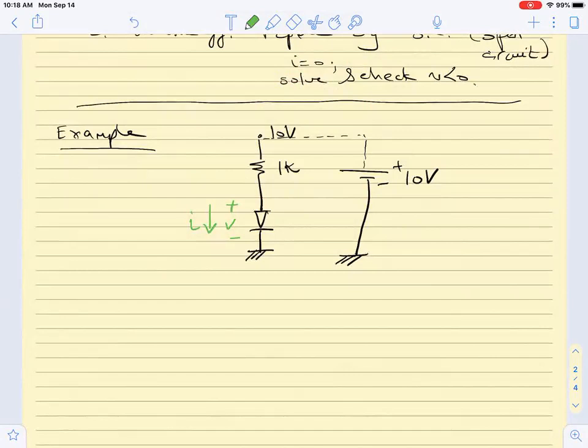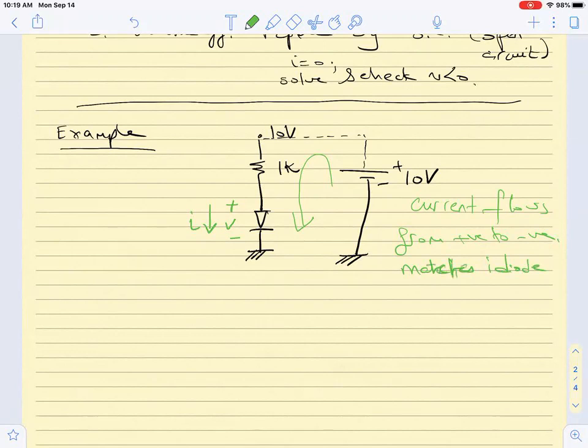It's going to go from the positive to the negative, so the expected direction of the current flow matches I diode.